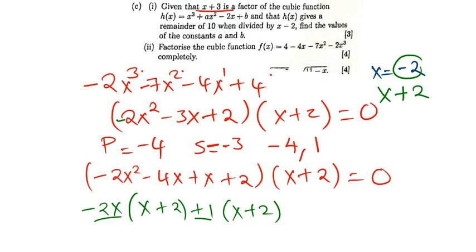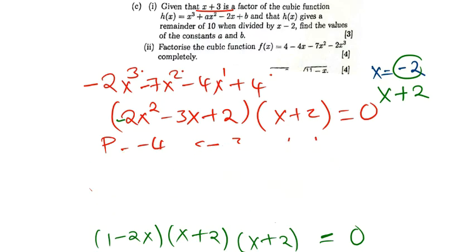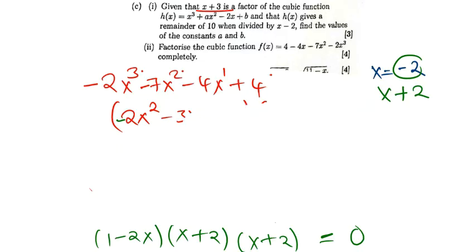I can say 1 minus 2x, and then x plus 2, which is common, and I can also get back this part, which was x plus 2 equal to 0. So we factorize completely. We don't have anything that we can still factorize. And so that's it for question C.